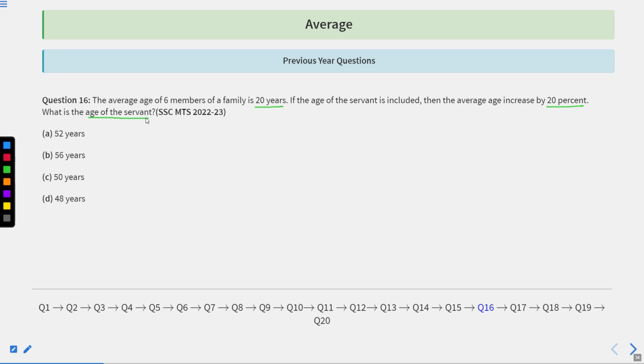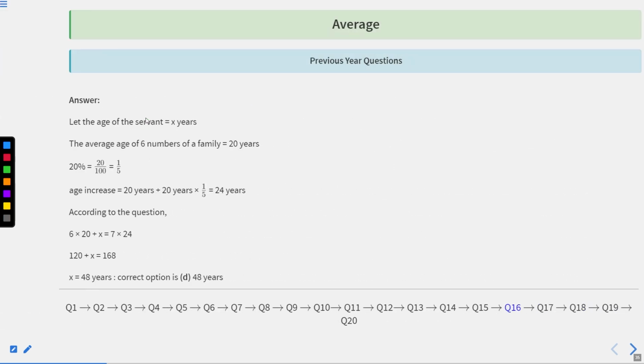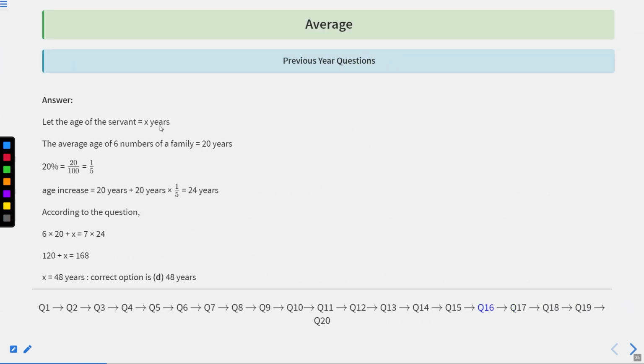So they have secretly provided you the average age of seven people, correct? And now they are interested in the age of the servant. Let us suppose the age of the servant be X, and the average age of six members of the family is 20 years, which is given to us.